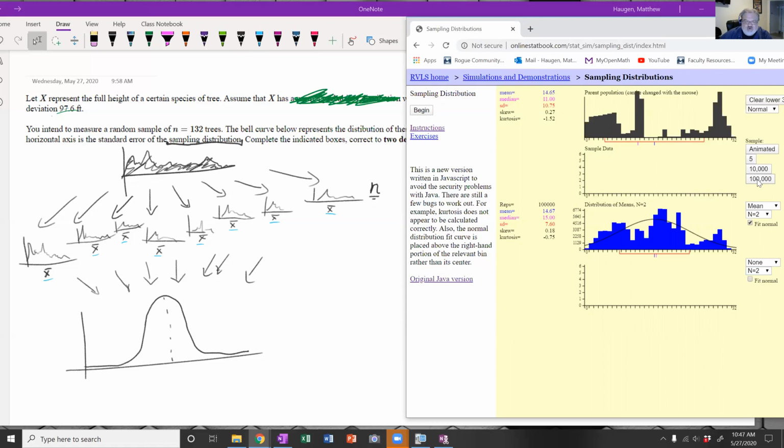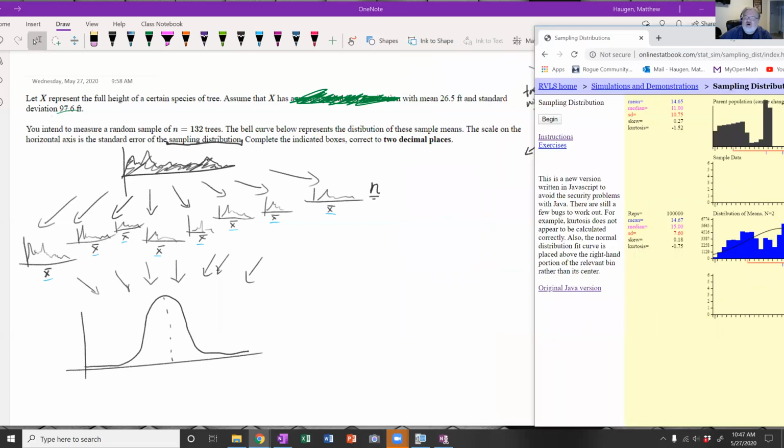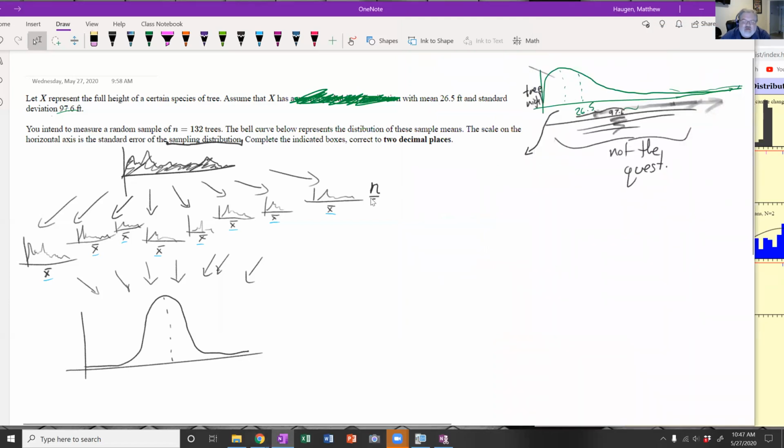Is that nice and normal? It's all over the place. So for our data to be nice and normally distributed, we have to have that sample size, N, be large enough to force it to be normal.